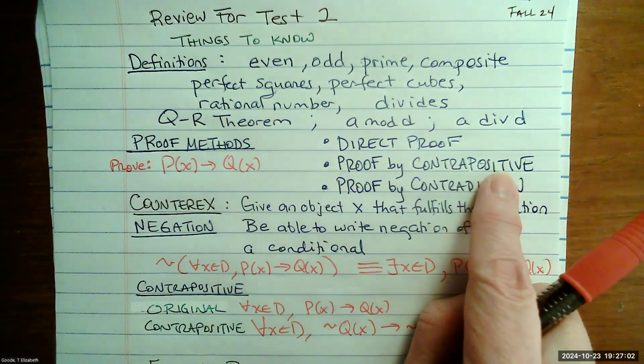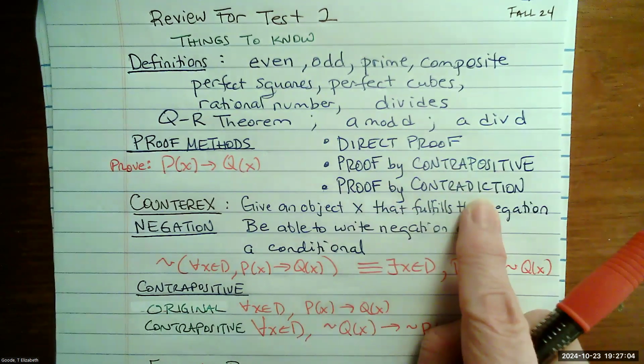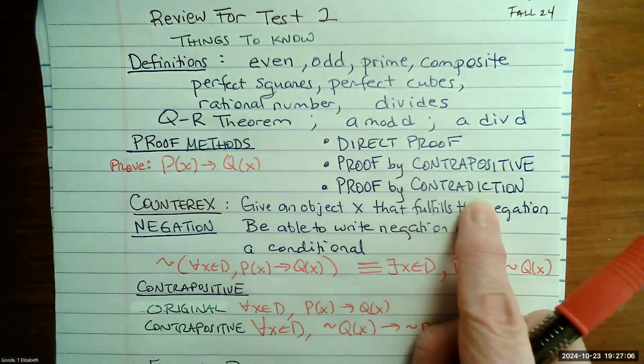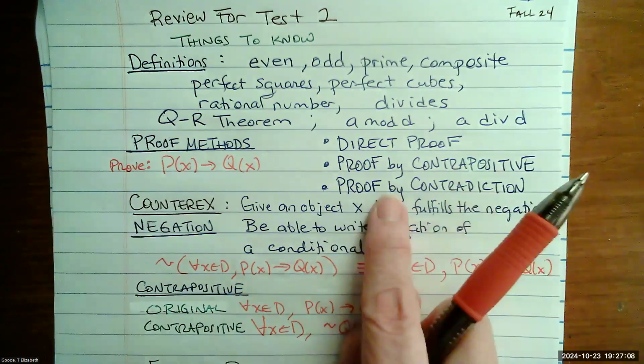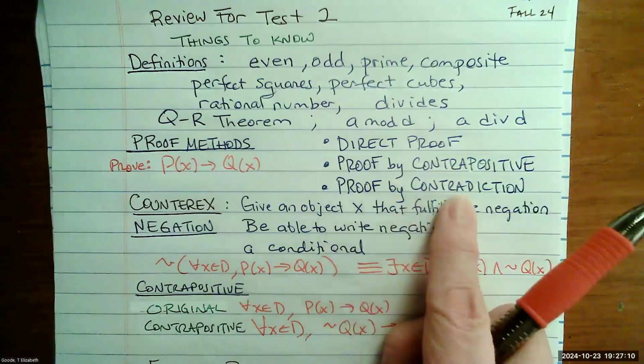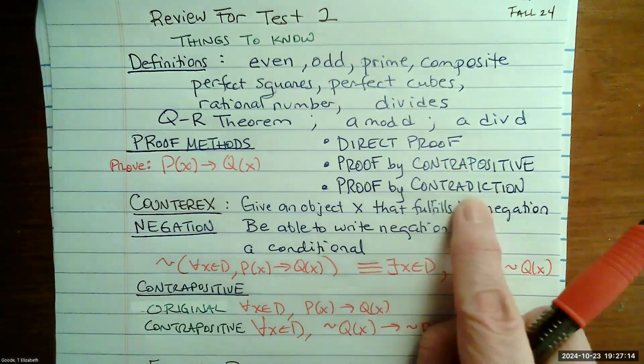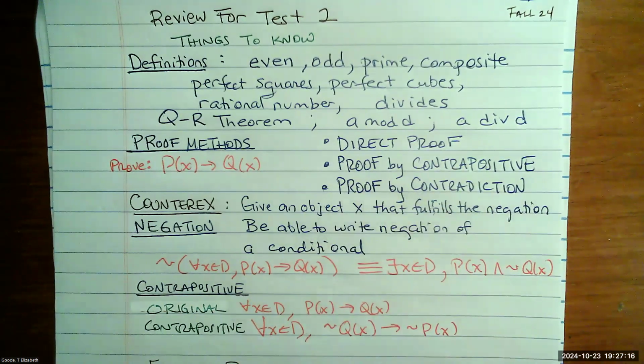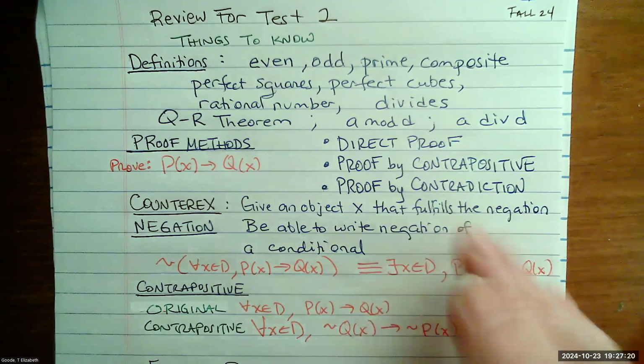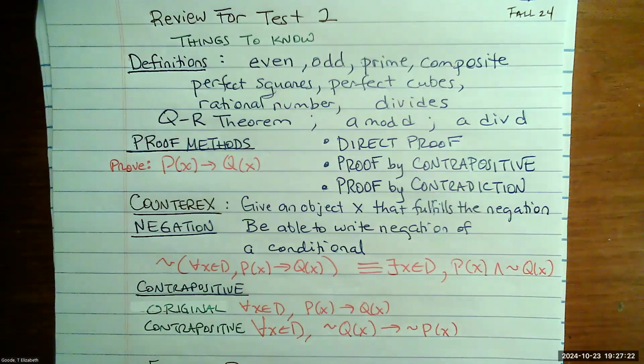We've seen that. And then the last proof method that we just learned is proof by contradiction. So what do we assume when we are writing a proof by contradiction? What is the hypothesis? What do we assume? The negation of the statement. Exactly. Just the negation of the statement, whatever that is.